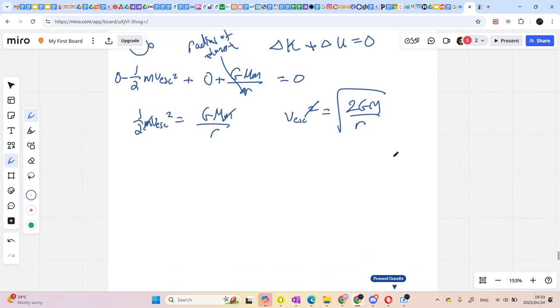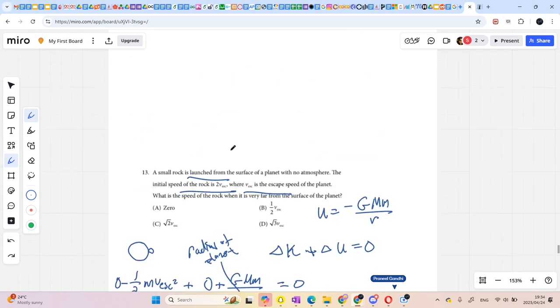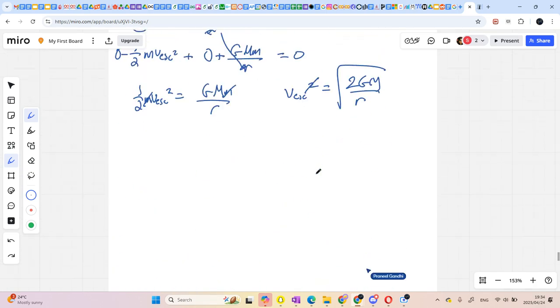So we're going to have our delta K. Our delta K is going to be our final kinetic energy minus our initial kinetic energy. Our final kinetic energy is what we're trying to figure out, which is the speed when we're very far away.